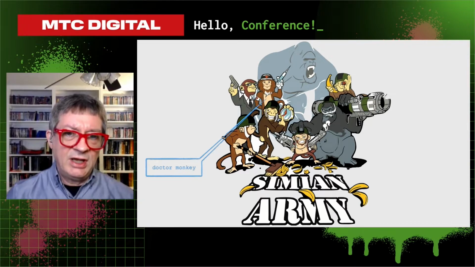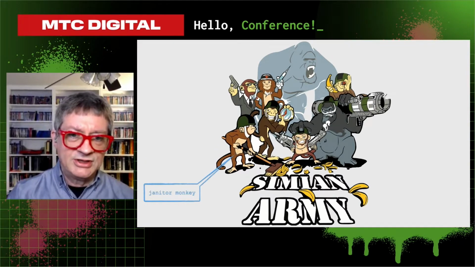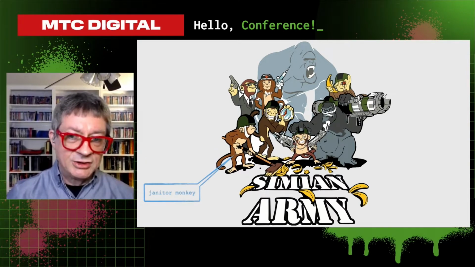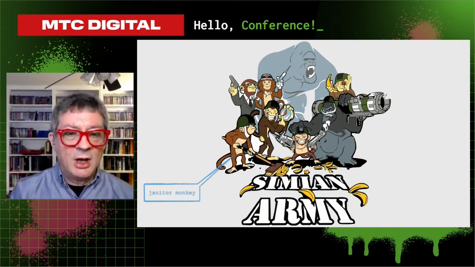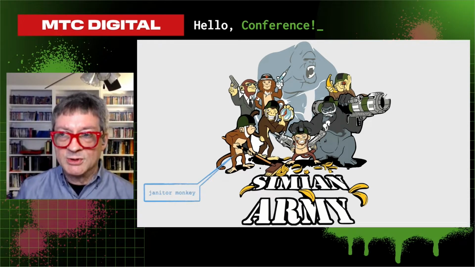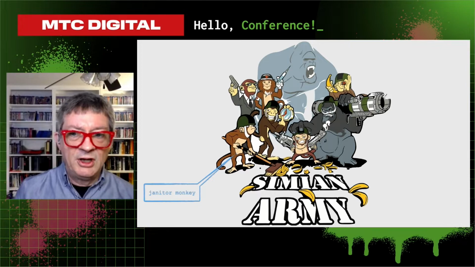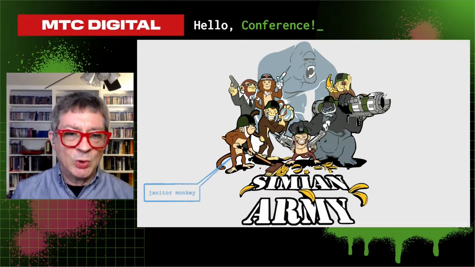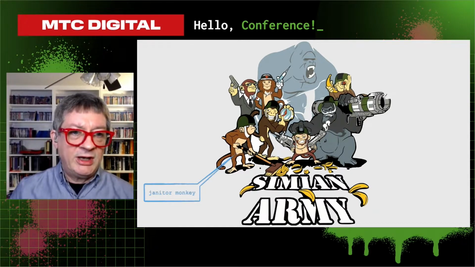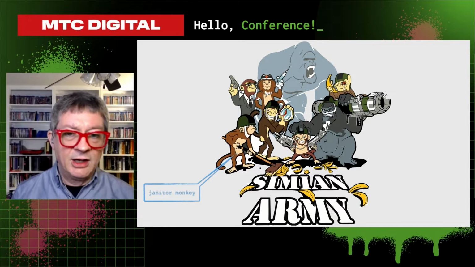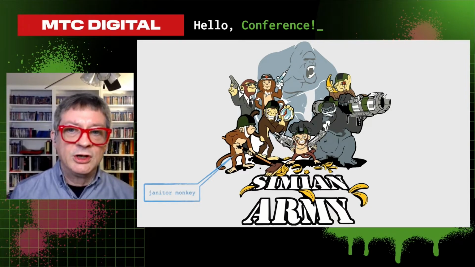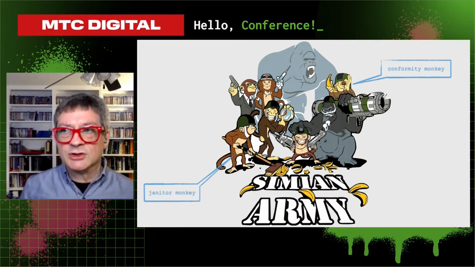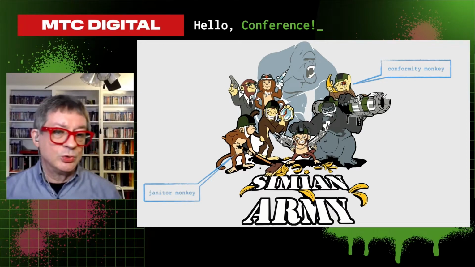The doctor monkey checks the health of instances like CPU utilization, disk space. The janitor monkey, these last three actually are really important to us because they're perfect examples of fitness functions. The janitor monkey looks for services that no one's routing to anymore, but costing them money and disintegrates them out of the ecosystem. The conformity monkey is where Netflix architects can write governance rules.